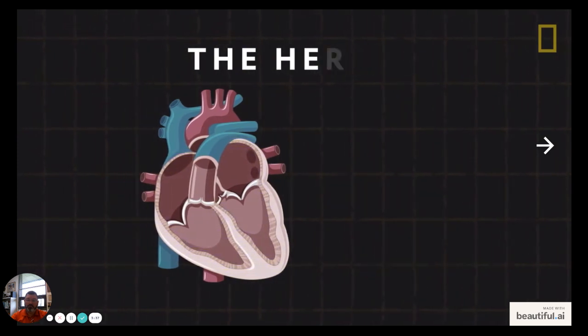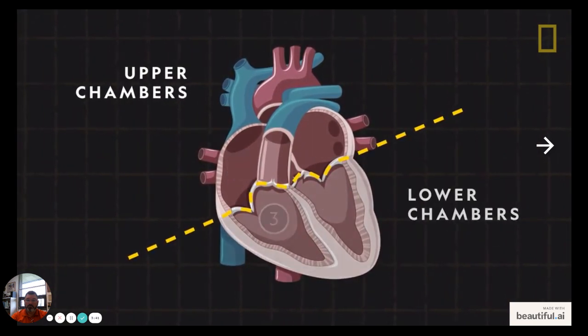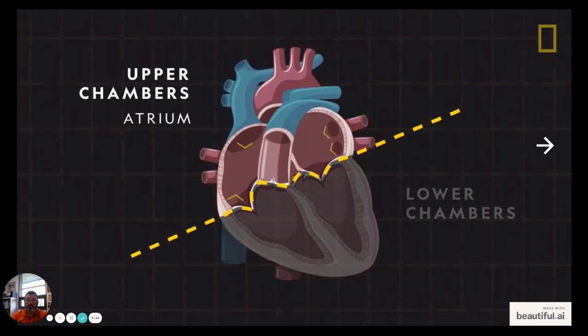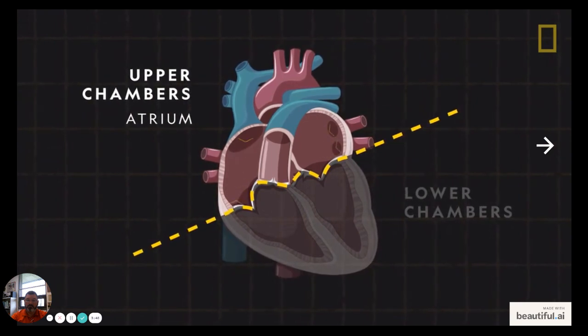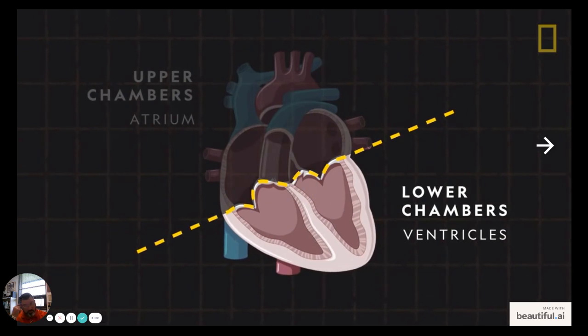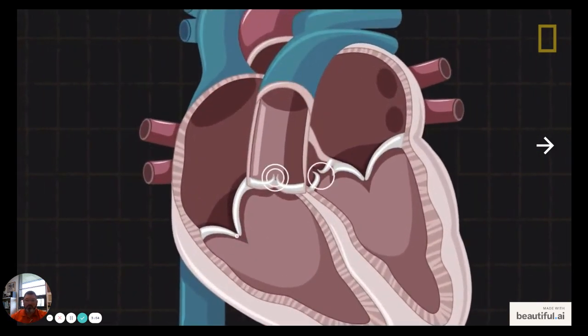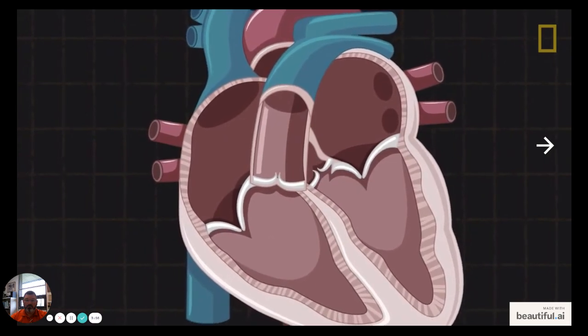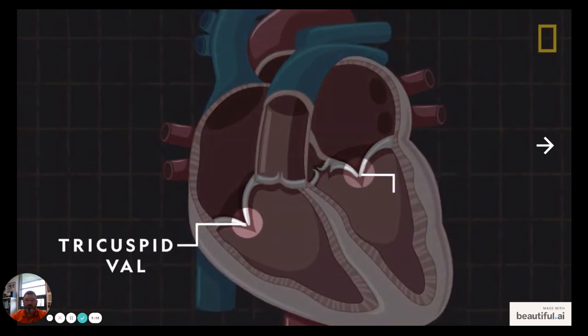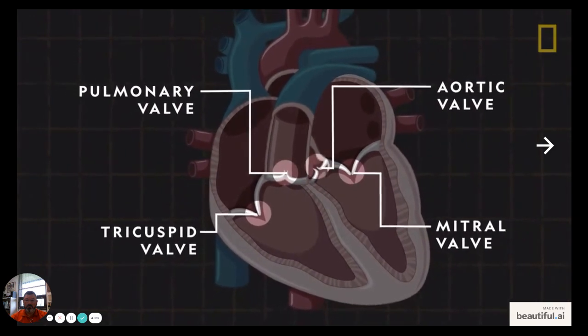The heart is divided into four chambers, two upper and two lower. The upper chambers, known as the atrium, receive blood coming into the heart. The lower chambers are the ventricles that pump blood out. Between each chamber are valves that open and close and help keep the blood moving. They are the tricuspid, mitral, pulmonary, and aortic valves.